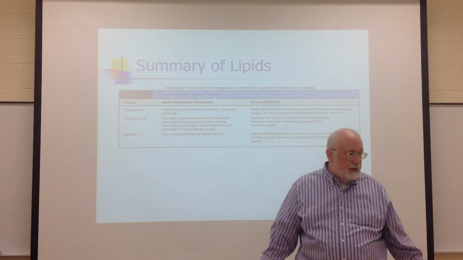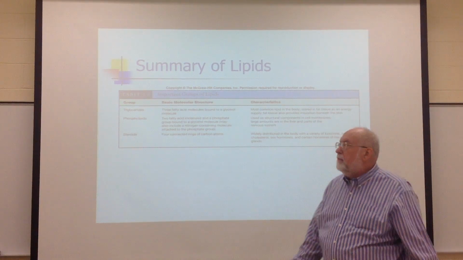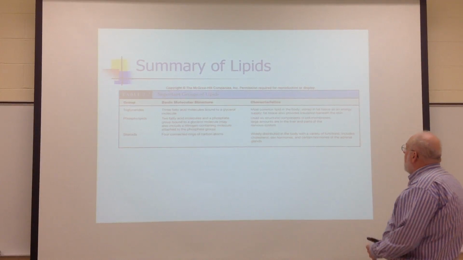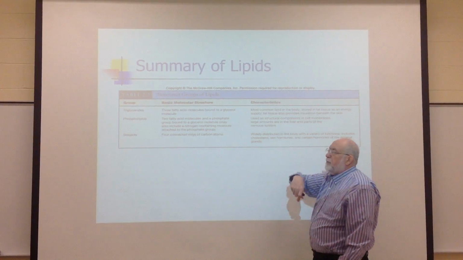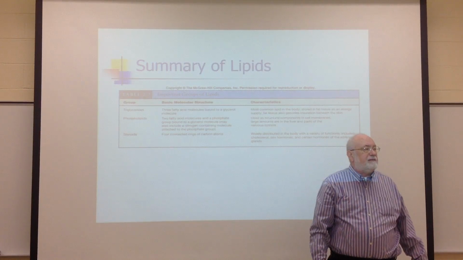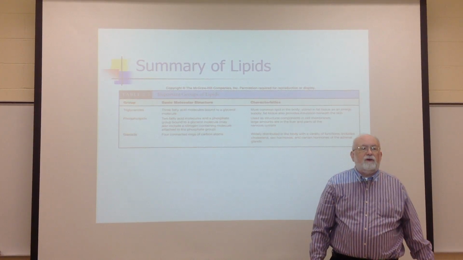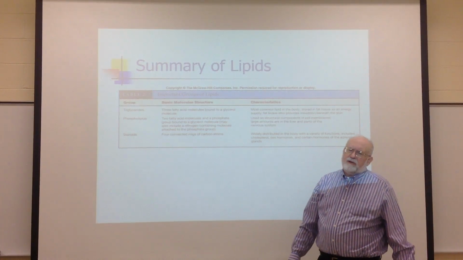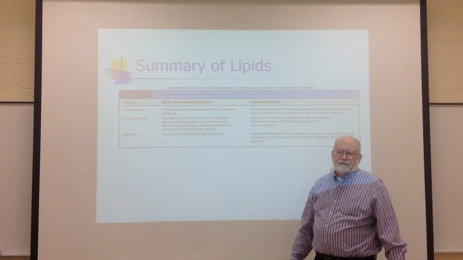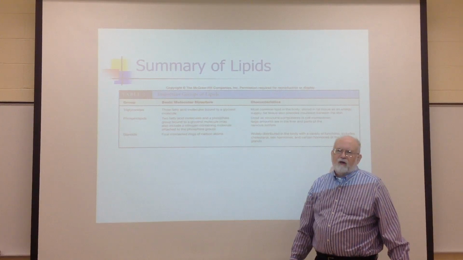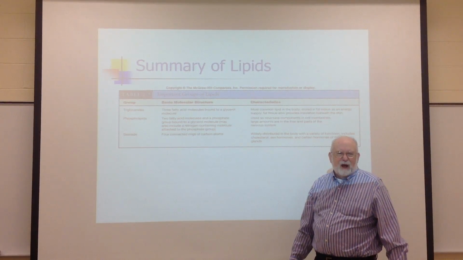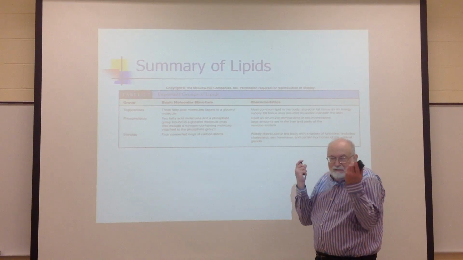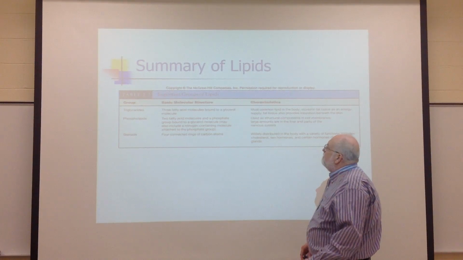Maybe a few others depending on what's making it up, but in any event, there you go. Where do you find it? Stored in adipose tissue. That's the big claim to fame for triglyceride. Supposedly, and there is a lot of energy stored in triglyceride. The trick of it is once you store it away, you never break it down. It seems, right? I don't know about you, but anyway.